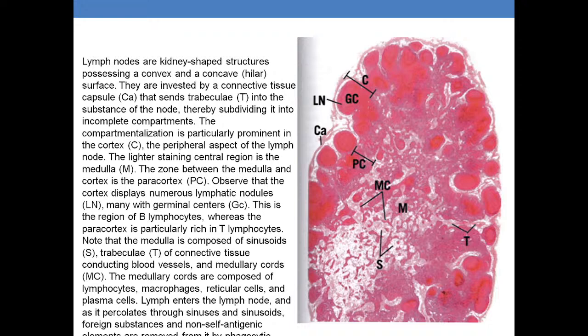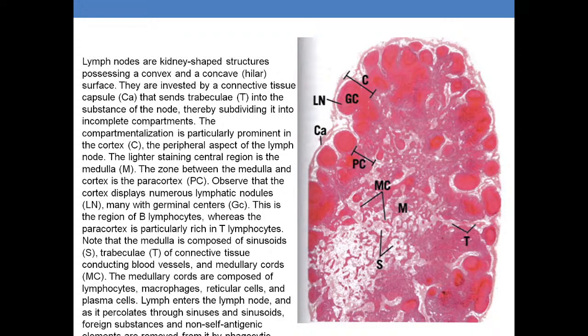Note that the medulla is composed of sinusoids, trabeculae of connective tissue, conducting blood vessels, and medullary cords. The medullary cords are composed of lymphocytes, macrophages, reticular cells, and plasma cells.